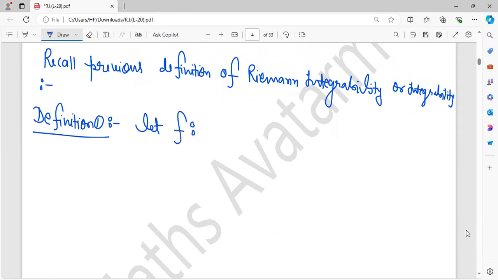Let f from closed interval [a, b] to R be a bounded function.